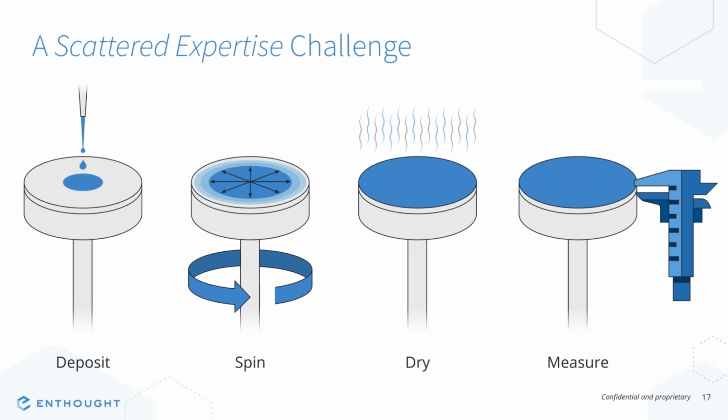But then he took a step back and looked at his whole lab, and he saw that non-experts could sometimes need 40 or 50 wafers to reach the same optimal thickness. So that's an example of scattered expertise. Different people get different results in different amounts of time. And in his lab, he had 10 people doing this, 2 or 3 times a week.